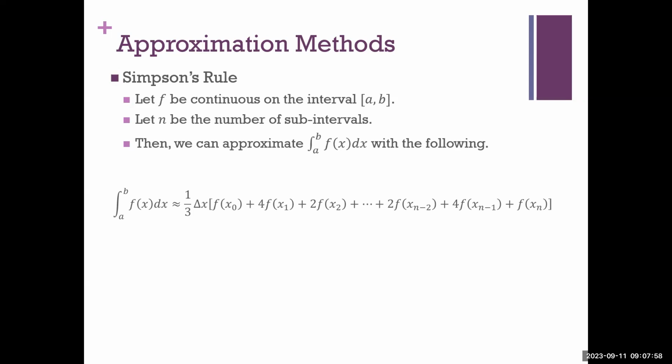And then the sum on the inside, you'll notice the coefficients go 1, 4, 2, 4, 2, 4, 2, and so on. The sequence begins with coefficients 1, 4, and the last two are 4, 1. In between, it alternates between 2 and 4 and 2 and 4, and so on. I will give this to you. I do not expect you to memorize it.